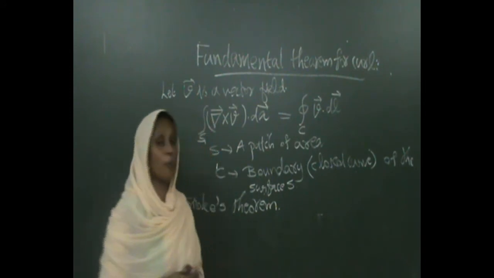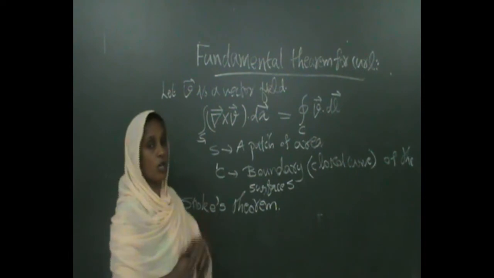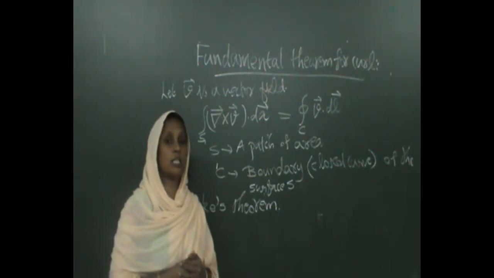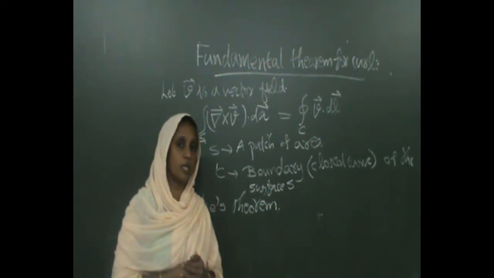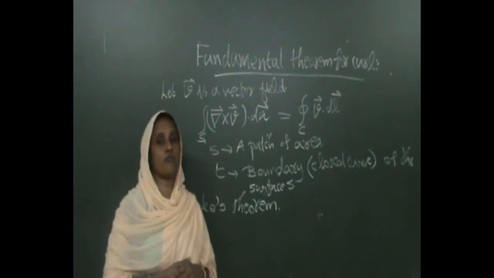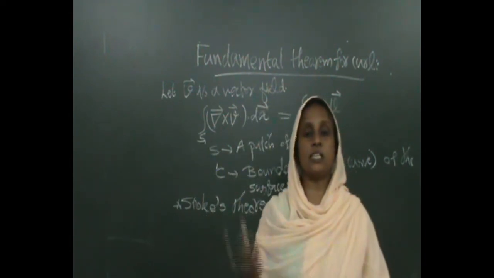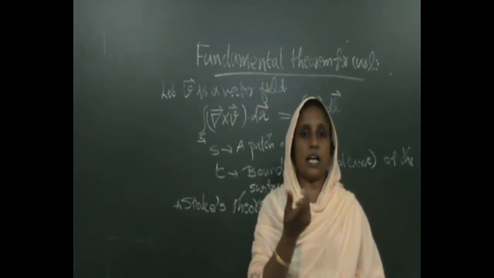Now, what is its geometrical meaning? The geometrical meaning of Stokes theorem. You already learned about the physical or geometrical meaning of curl. Del cross V represents the curl of vector V. Curl measures how much a vector swirls around a point.